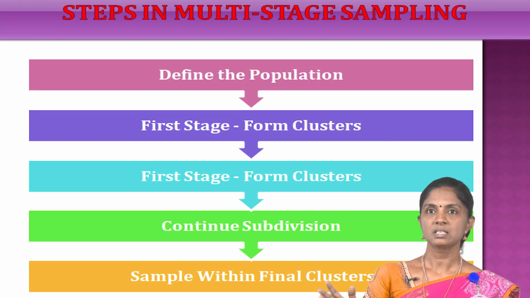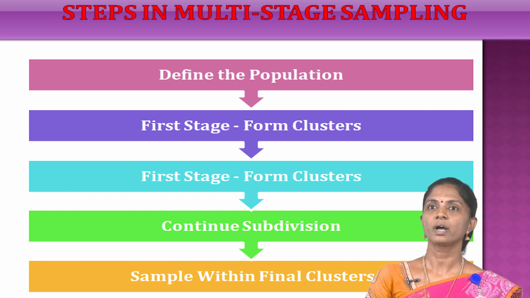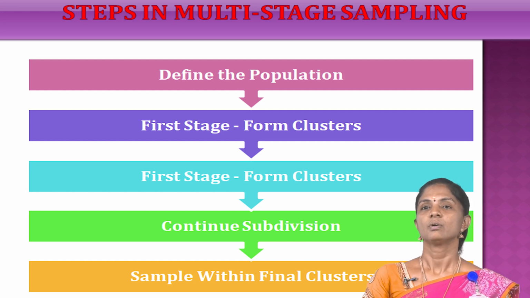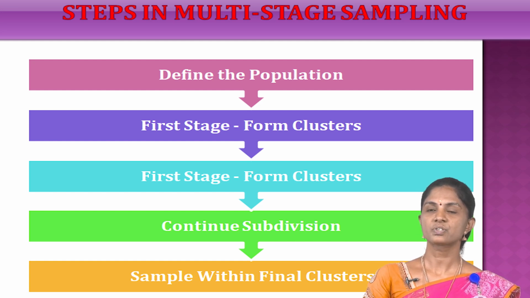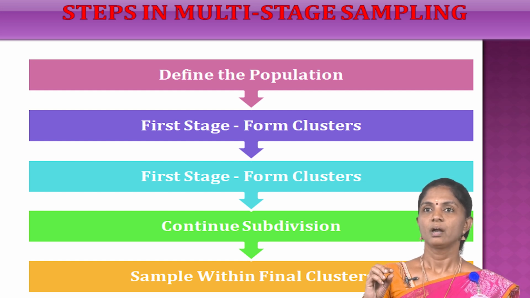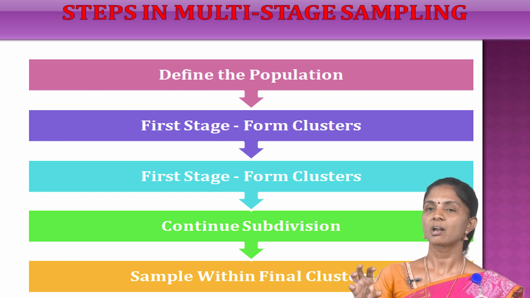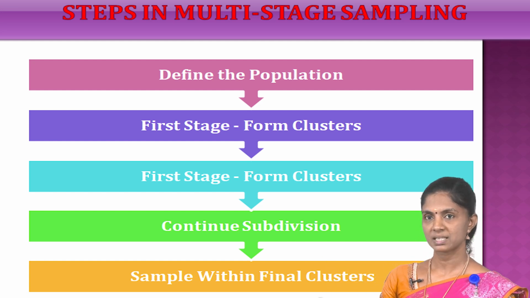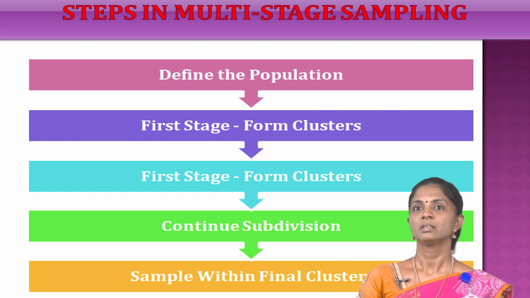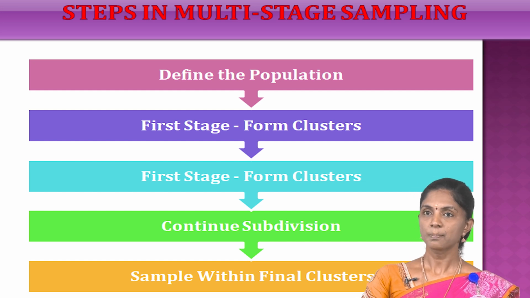Steps in multi-stage sampling. So first you define the population. Next, first stage, form clusters. Divide the population into primary clusters and randomly select the number of clusters. Second stage, subdivide the clusters.